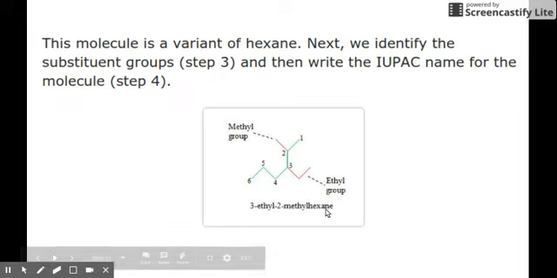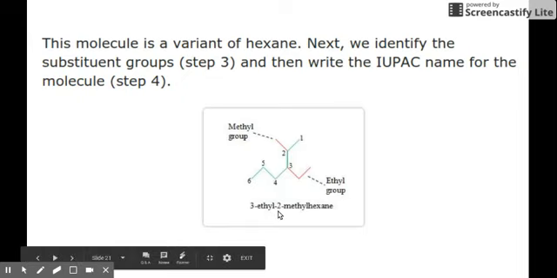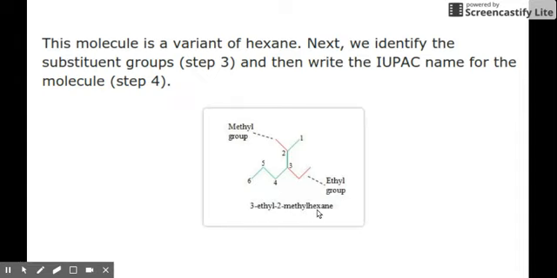So you notice that in this example, we use the number of the carbon where the branch is located, separate the number from the name of its branch with a dash, and then dash again if it happens that you have another branch to name. Then dash again, then the name of that next branch, and then no space to be followed by the parent's name.